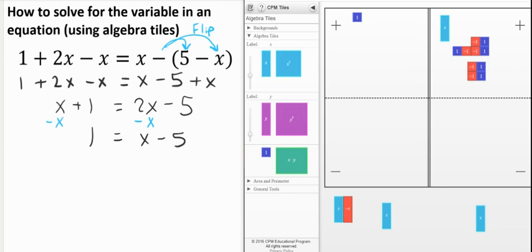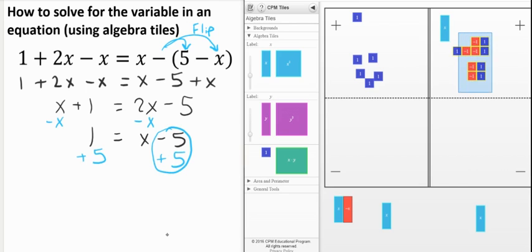But if I add 5 on the right side, I also have to add 5 on the left side. Whatever you do to one side, you have to do to the other side. So I can show that on my paper by adding 5 to both sides. And we can see that this is a 0 pair, and then also these tiles are all 0 pairs.